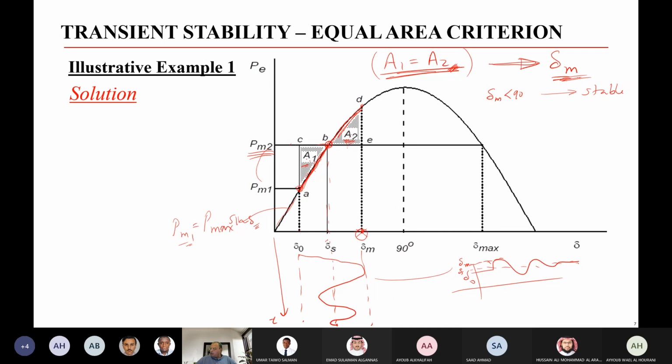Any other? I think we must compare delta M with the critical clearing angle. Delta M, yes, with the critical clearing angle. What is the critical clearing angle?